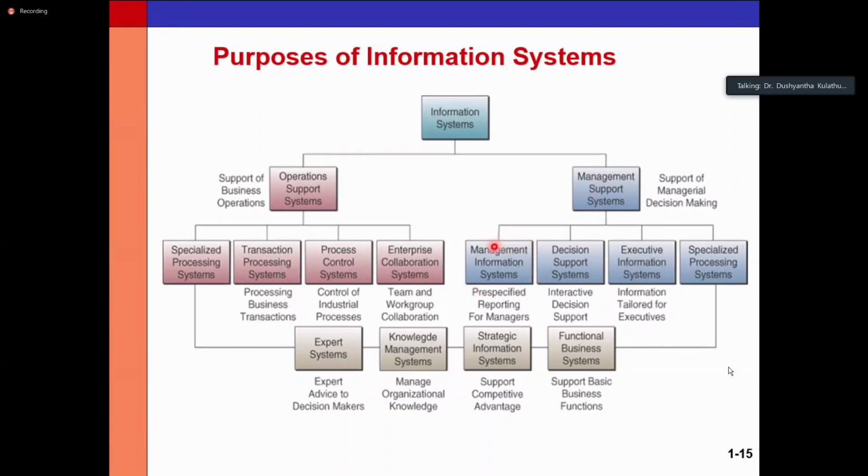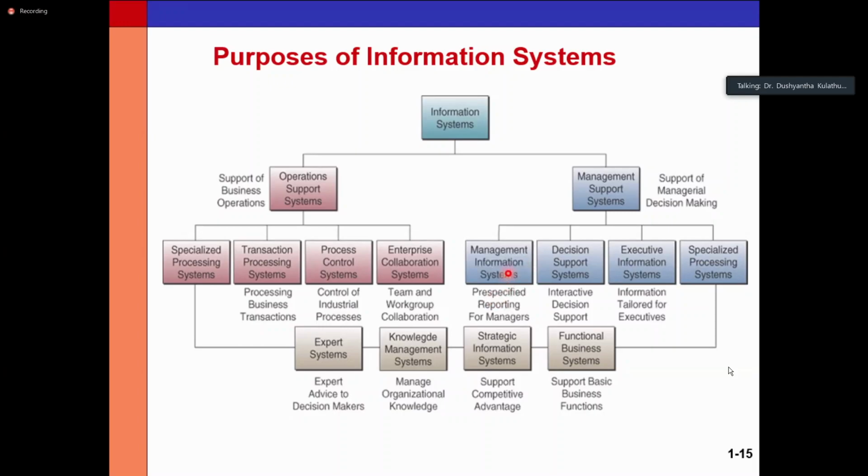Now, don't get confused with this particular category of systems and this particular course. The name of the course is Management Information System. You can see that there is a specific category of information systems identified as management information systems. Throughout this course, we are not focusing on this specific category.